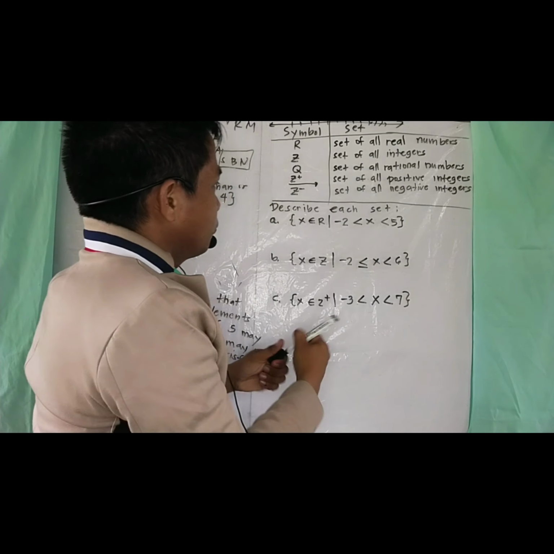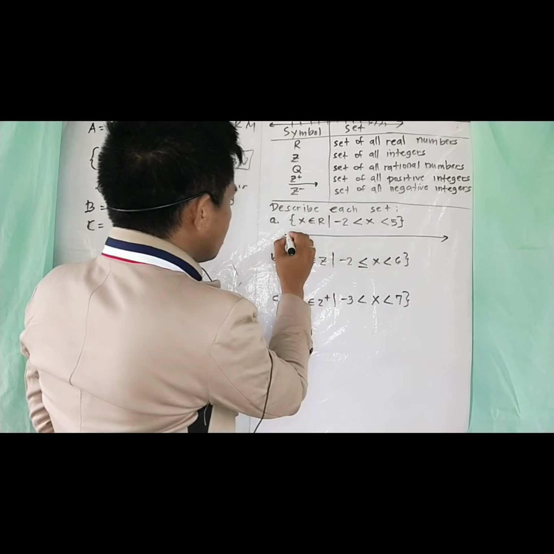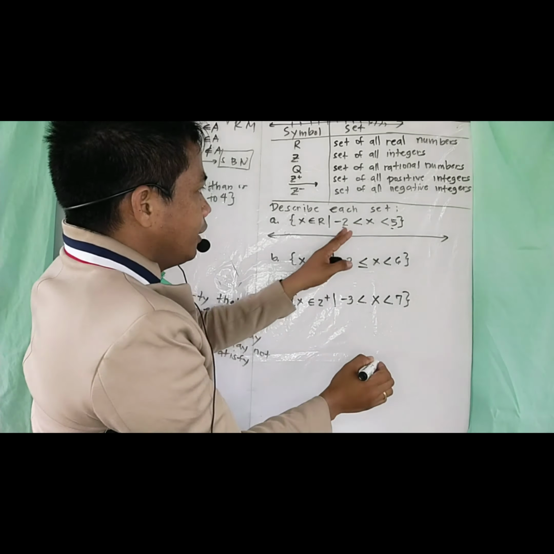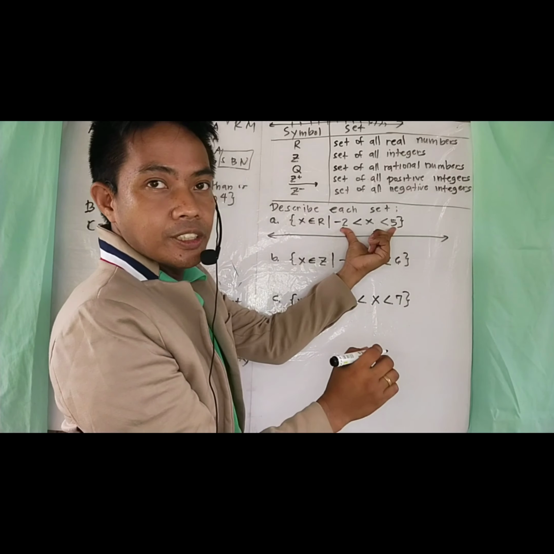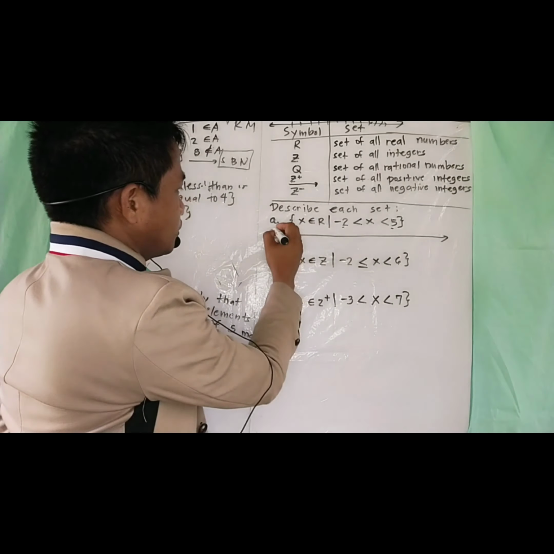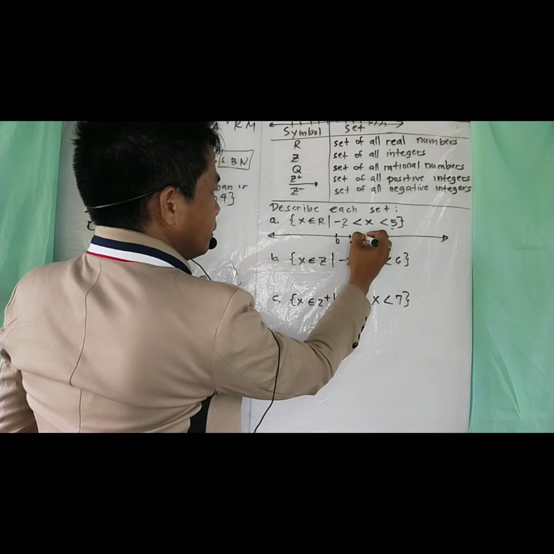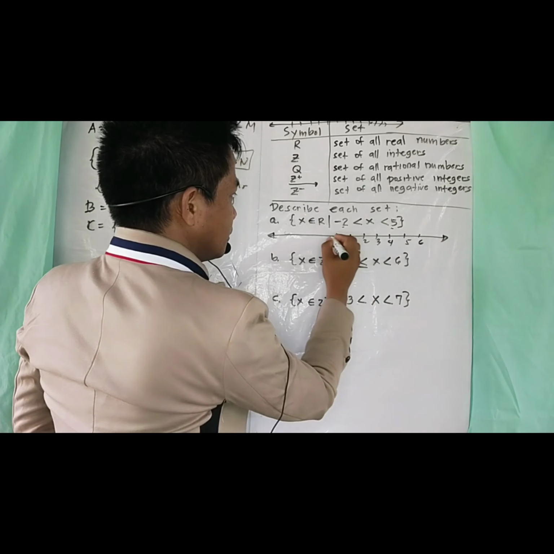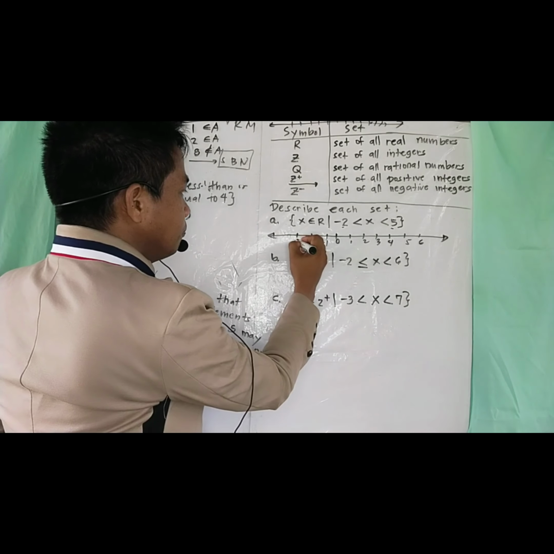So, for example, this number line. There is 5, there is negative 2. These must be included because they will serve as our basis in answering this first activity. So we have 0, 1, 2, 3, 4, 5, 6, negative 1, negative 2, negative 3.